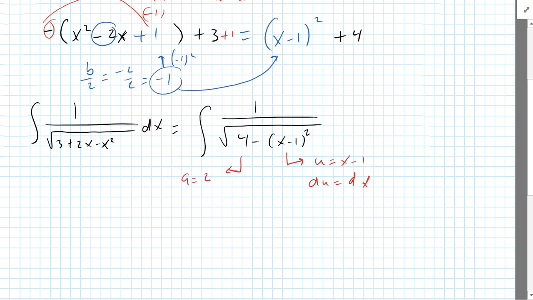And I recognize that that is inverse sine, so I know that the answer is sine inverse of u, which was x minus 1, over a, which is 2, plus c.